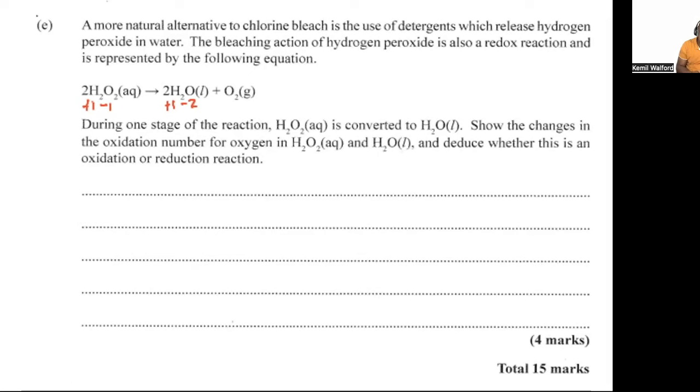All right, so deduce. Show the changes in the oxidation number of oxygen in hydrogen peroxide and water, and deduce whether this is an oxidation or reduction reaction. So in peroxide, the oxidation number of oxygen was -1, and in water it is -2. So if the oxidation number moved from -1 to -2, it means that there was a decrease.